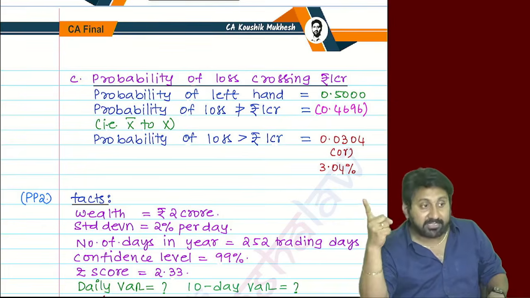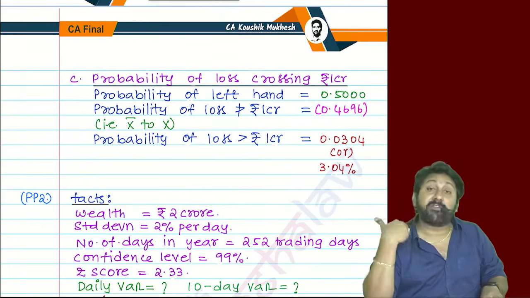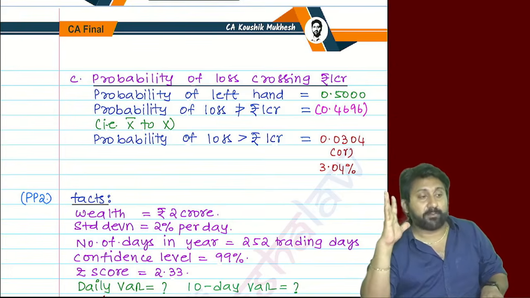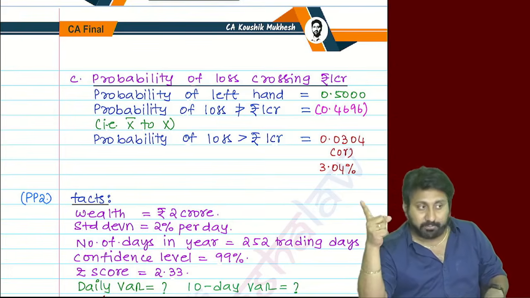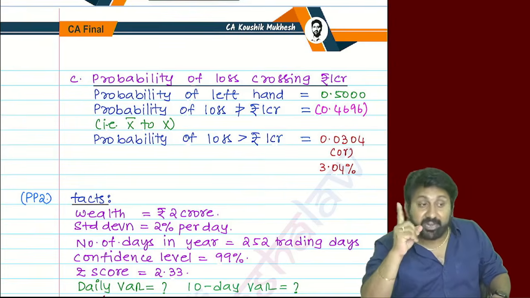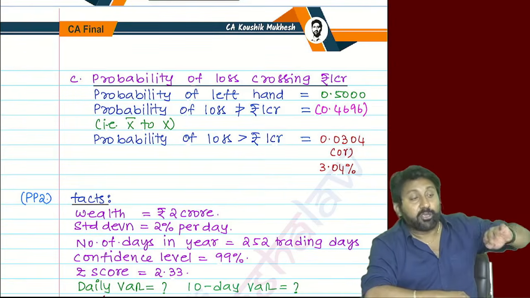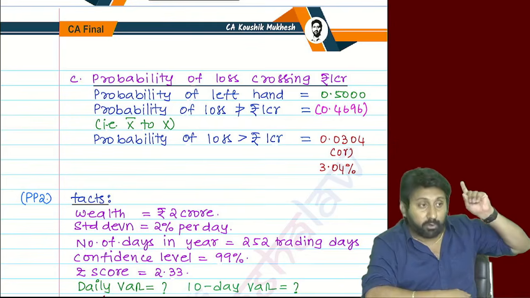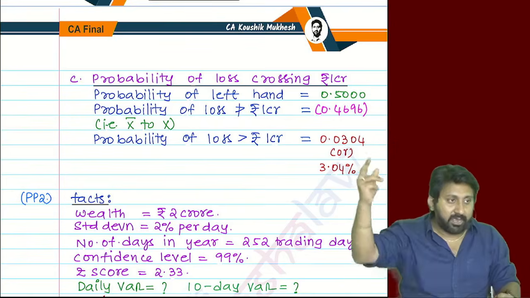Therefore, the balance is the probability that it can go beyond 1 crore. So 3.04% probability is there. In 100 cases, in 3 cases your loss can be more than that 1 crore rupee.